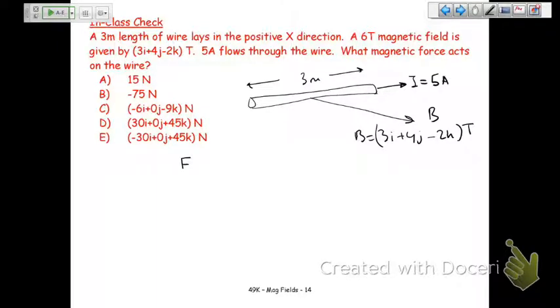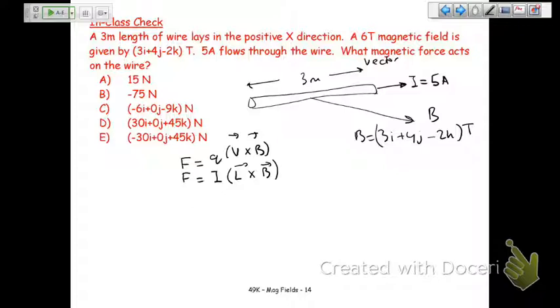F is equal to qv cross B. That's not going to do it. It's the next one. Oh, yeah, I remember. F is equal to I L cross B. If I was kind, if I was professional, I would say what vector magnetic force acts on the wire, so there's no confusion that I want a vector out.